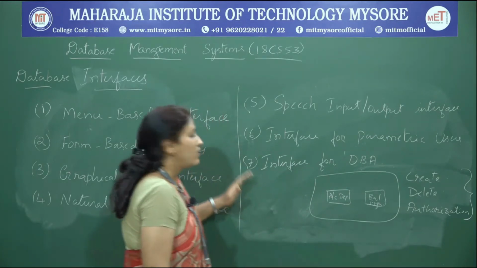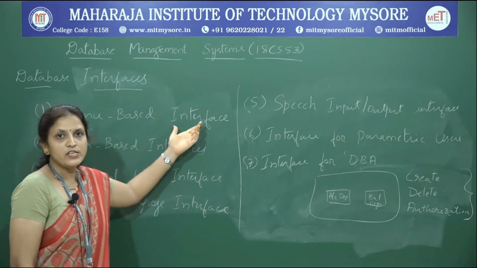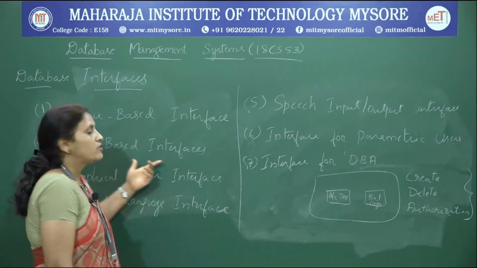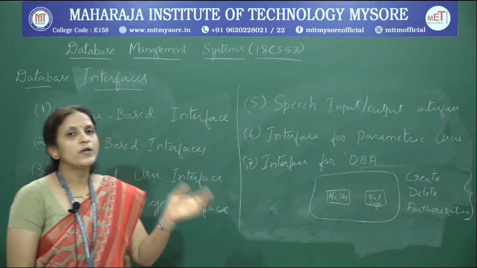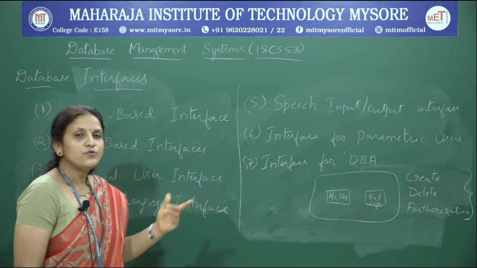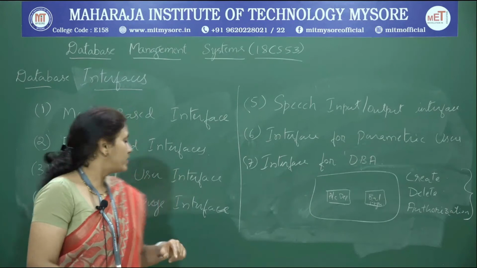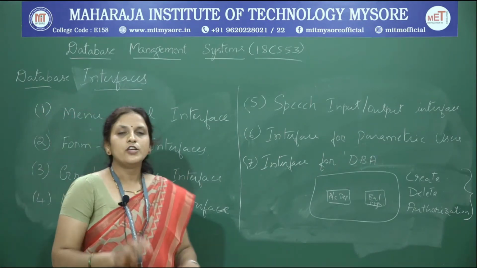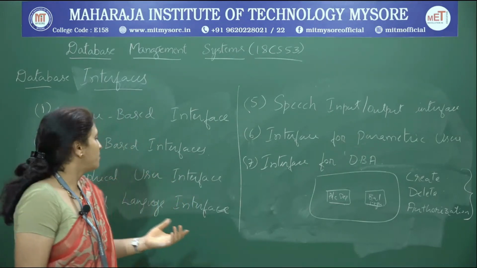So, to conclude, we have listed 7 interfaces here. The very first one is the menu based interface, where we have menus and submenus, and then the form based interface where the user is going to type in his input and it will be converted to a query. Next is the graphical user interface, where the user inputs data by manipulating the diagram in the interface. Next is the natural language interface, where the user is going to input the data in the natural language that he knows, right.